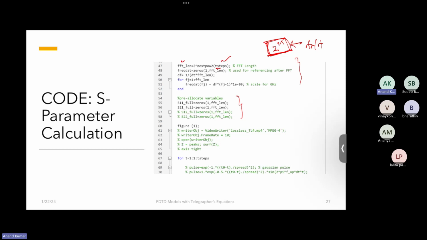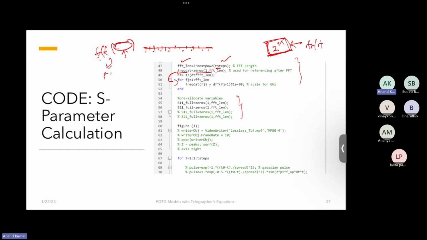Once we have calculated the FFT length, we create another variable, frequency, which is initialized with zeros, and this will be filled with the values of the frequency axis. To plot on the frequency axis, I need the value of each frequency point, right? So this is just calculating at which frequency points we'll get the FFT data. You have your FFT function in MATLAB, which, if you put some wave value inside the FFT, will give out the FFT.